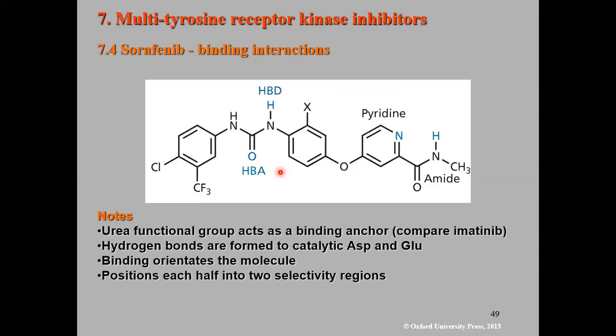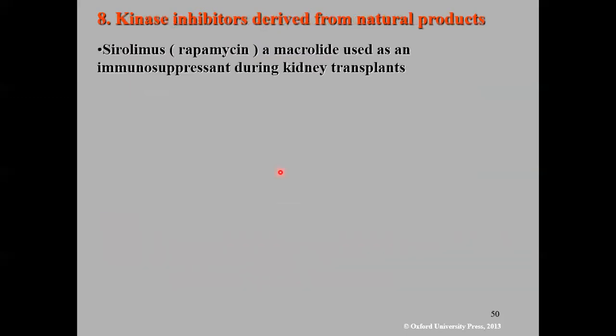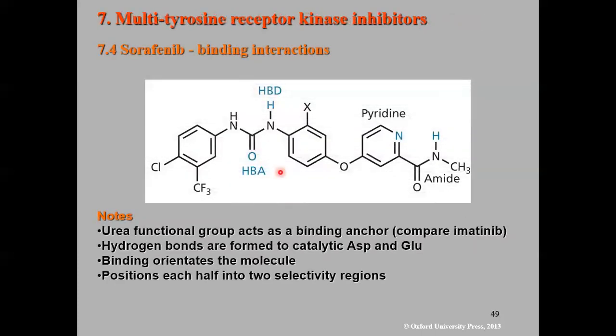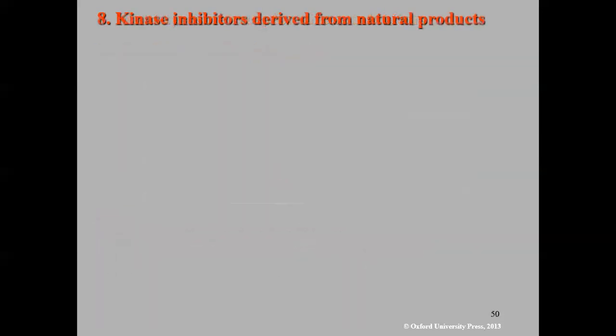It positions each half into 2 selectivity regions. It splits the molecule into halves. All right. That's what we have about the multi-tyrosine kinase inhibitors. Now let's move on to kinase inhibitors that are derived from natural products.